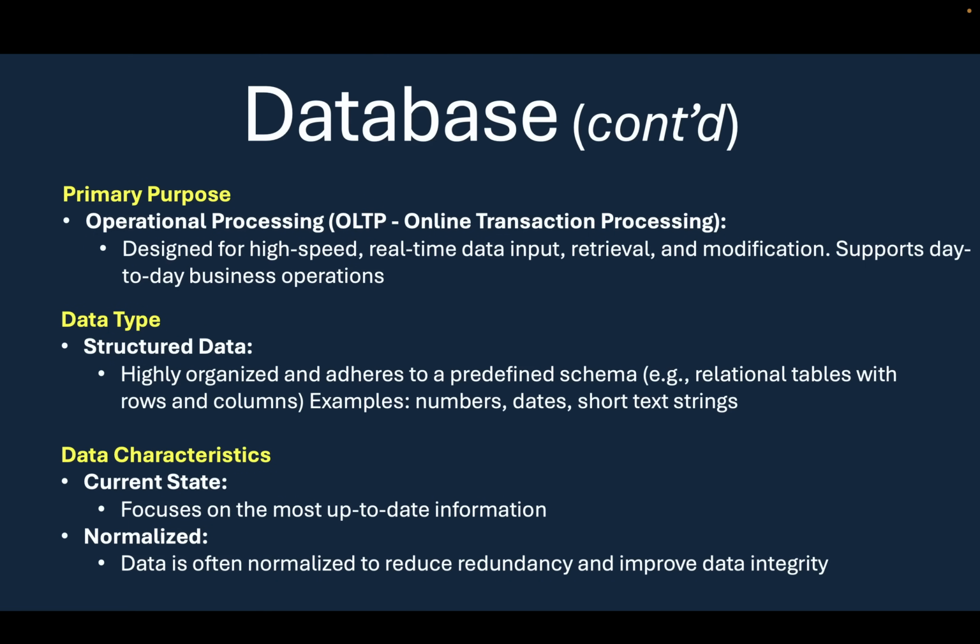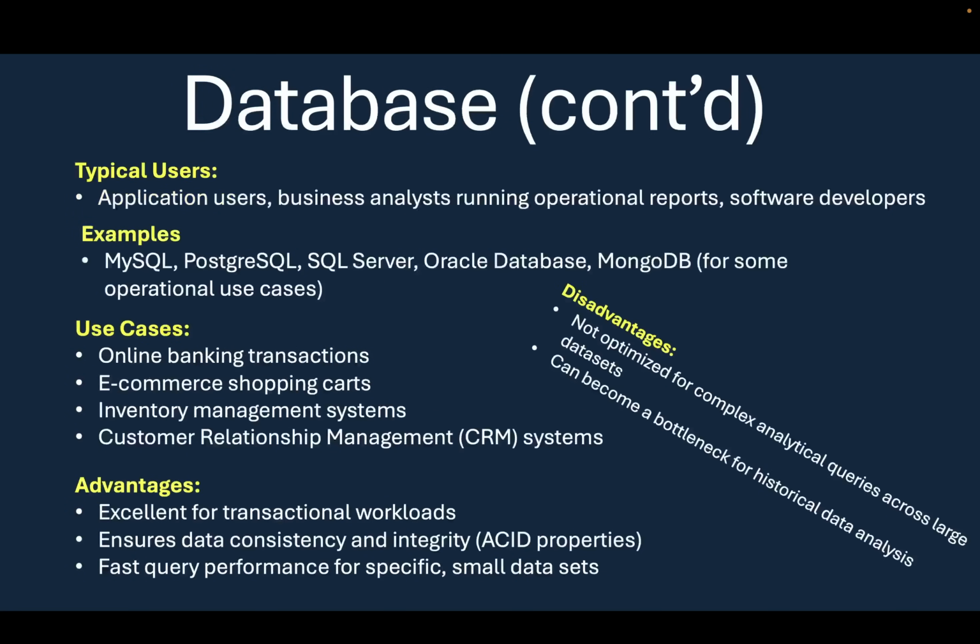For example, you can have a foreign key relationship between tables. That's what normalization means. Later when we cover data warehouses, they use the opposite approach. The data in a data warehouse is denormalized, where you can have redundancy within the same table. So that is one of the characteristics of a database: the data is highly normalized.